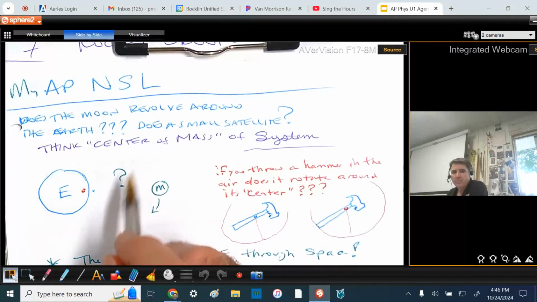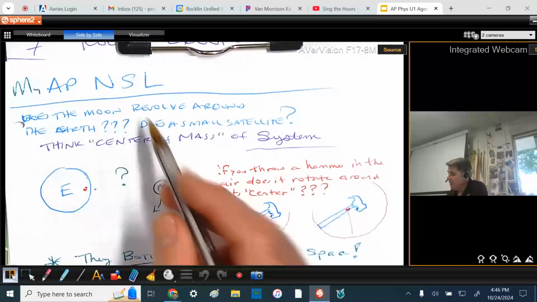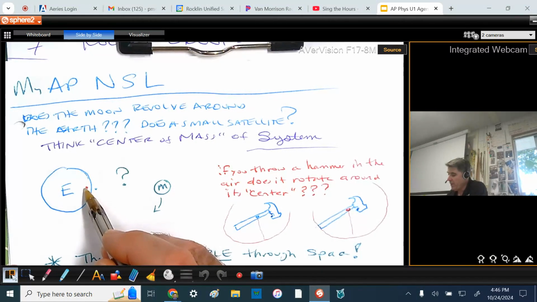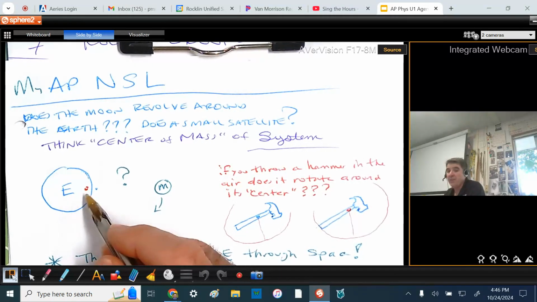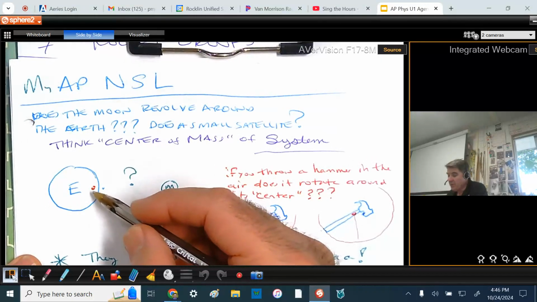However, the moon is actually sufficiently massive that the Earth actually wobbles in its path. As the moon goes around, it doesn't actually go around the center of the Earth. It goes around this point right here, which is approximately 4/5 of the way to the crust, actually.